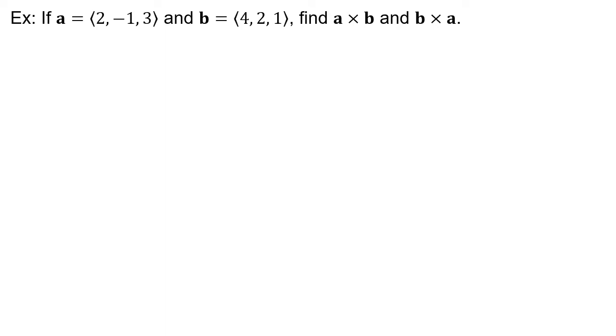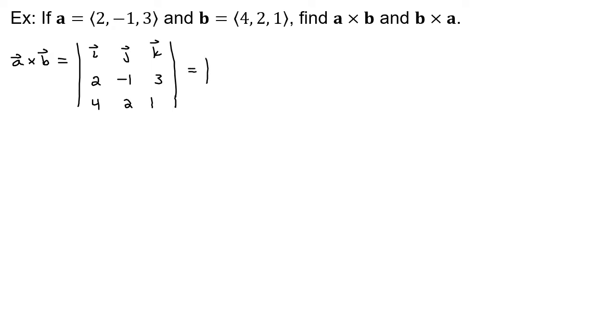Now, if you remember your properties, you only have to do one of them, and then the other one's pretty easy to come up with. So if I did A cross B, I would have an i, a j, and a k. It's always nicer to work with numbers. 2, -1, 3, 4, 2, 1.